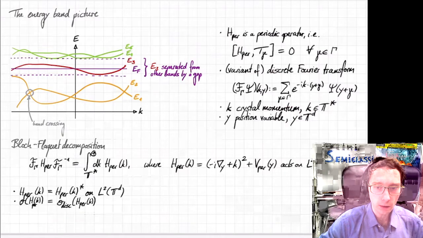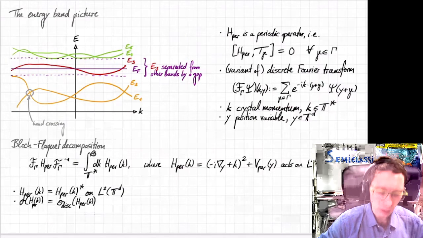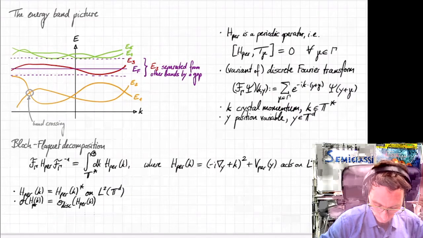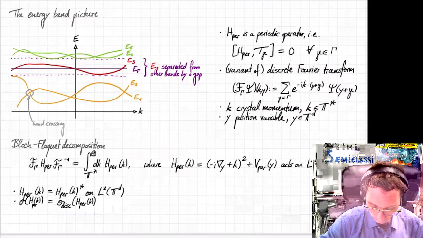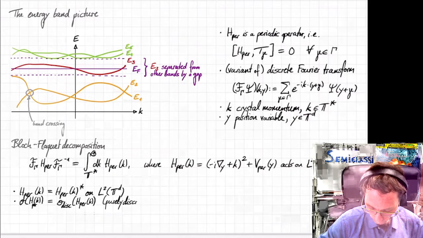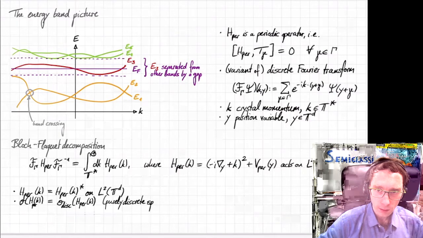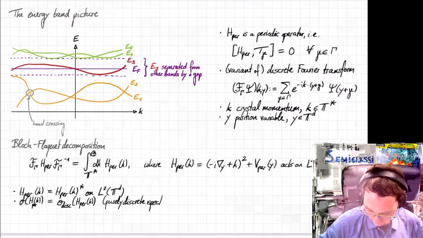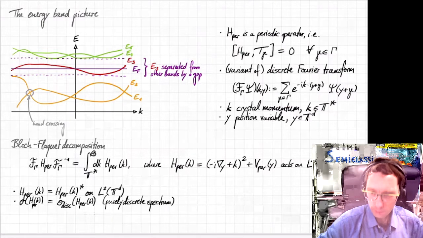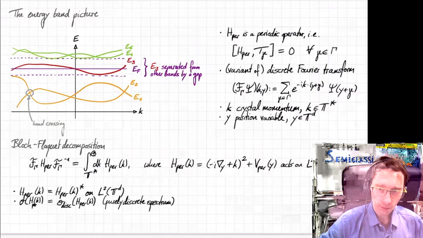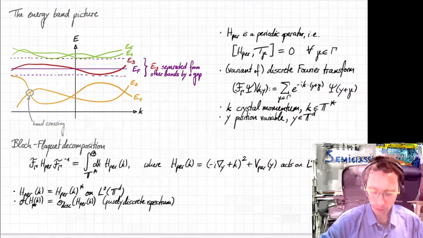So it consists of eigenvalues of finite multiplicity accumulating at infinity. Of course, this implies that the essential spectrum is empty.